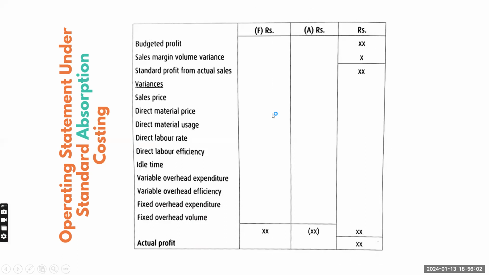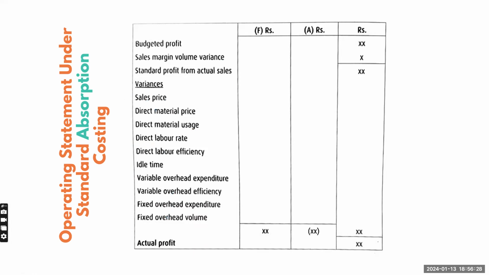You put the sales margin volume variance and then take the standard profit for actual sales. And then you take the other variances, sales price, material price, usage. So many variances you could adapt to the operating statement under absorption costing. Okay, only these variances you can put in.